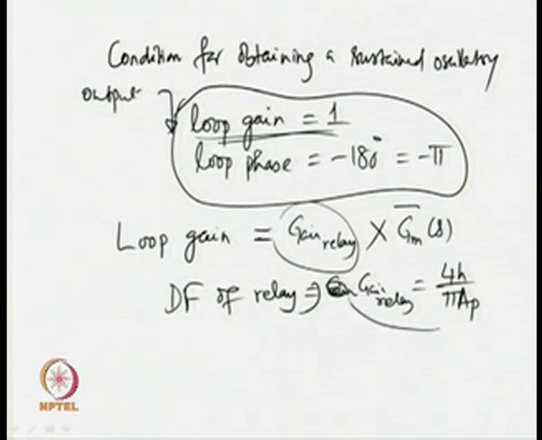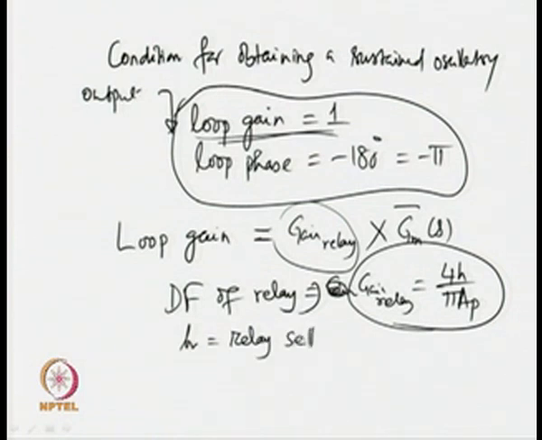So, this has been already discussed at length in our previous lecture. Now, what is that H in the gain of the relay? H is the relay setting and AP is the peak amplitude of the limit cycle output or the sustained oscillatory output. So, recall all these things.